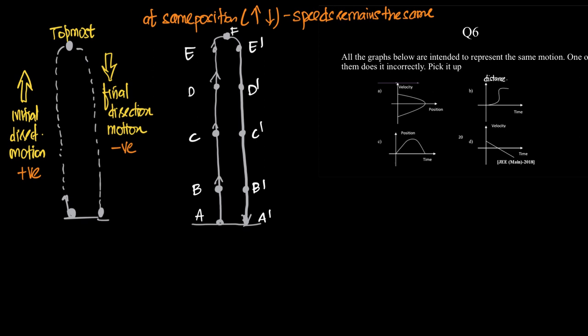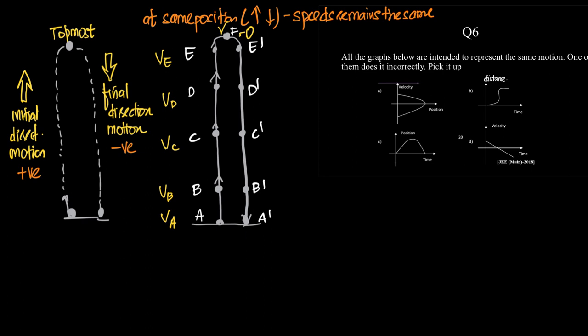Now, let us say velocity at A is VA, velocity at B is VB, velocity at C is VC, at D is VD, at E is VE, and velocity at F is definitely 0.